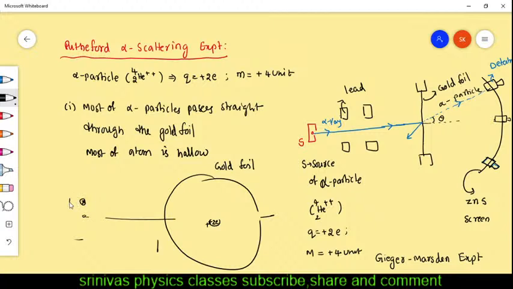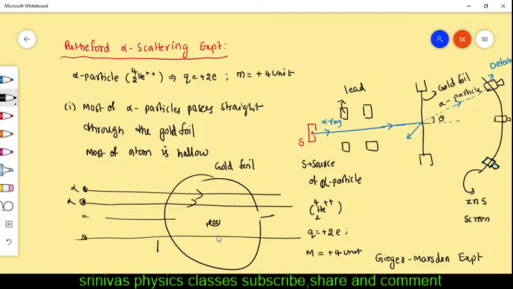For example, this is an alpha particle, it can go straight like this, and this is also an alpha particle. Most of the alpha particles travel straight without any deviation through the gold foil.